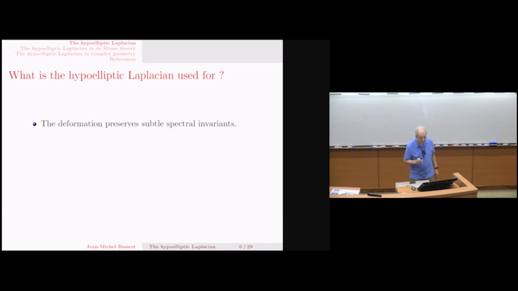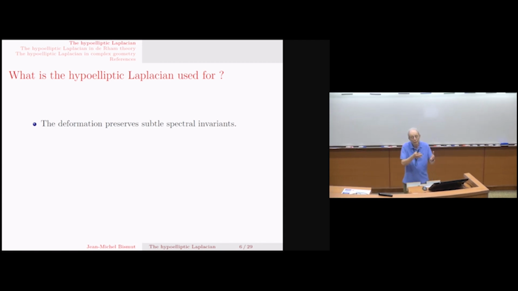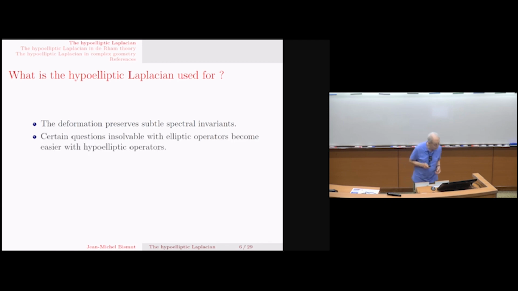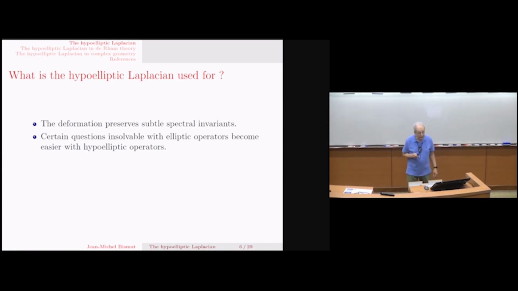So what is the hypoelliptic Laplacian used for? First of all, the deformation preserves subtle spectral invariants, in spite of the fact that we move from a category of operators which are elliptic to hypoelliptic, which seem to have fundamentally different spectral theory. There are subtle spectral invariants which are preserved. Certain questions which are insolvable in the elliptic world with elliptic operators become easier with hypoelliptic operators.